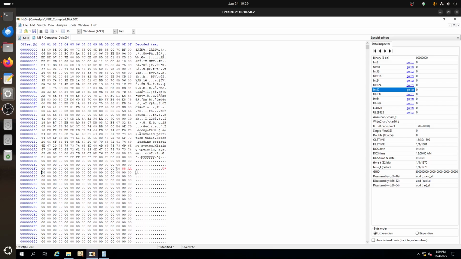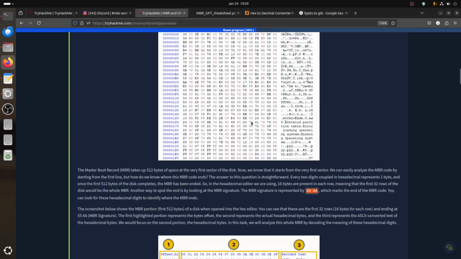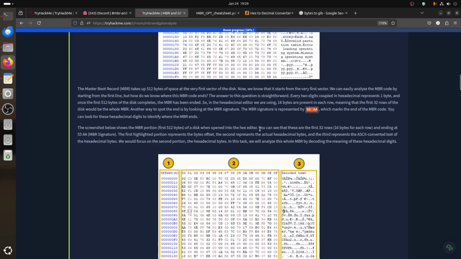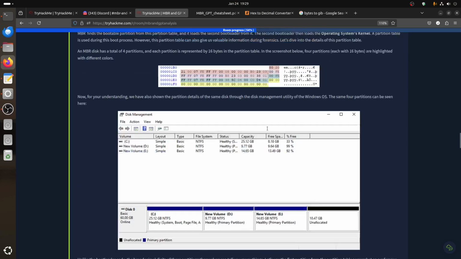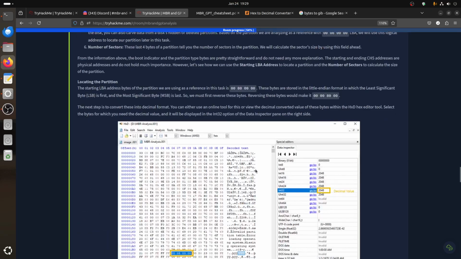We know it's the last 4 rows, and you can see we only have zeros for the rest, so it means only one partition here. The rest are zeros. So we fix that, then they tell us what the room is talking about.